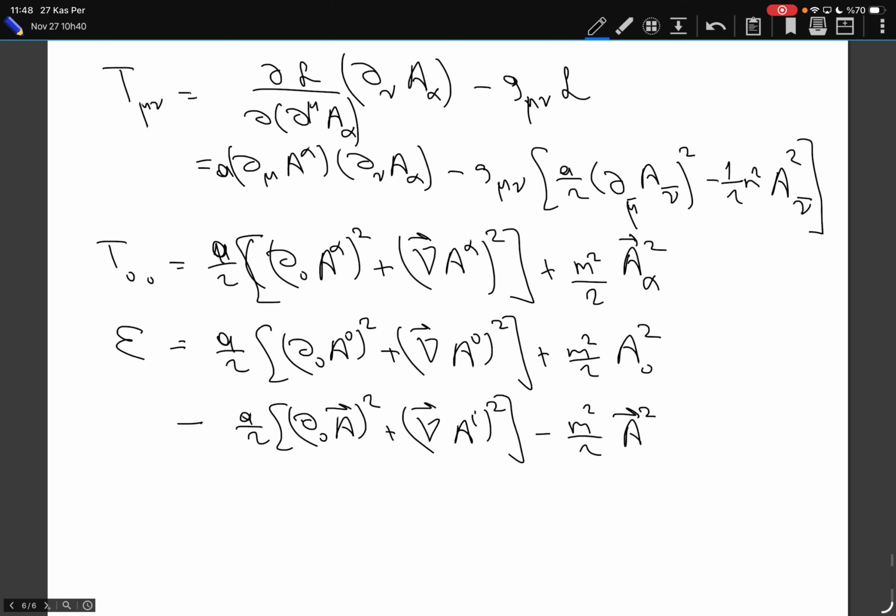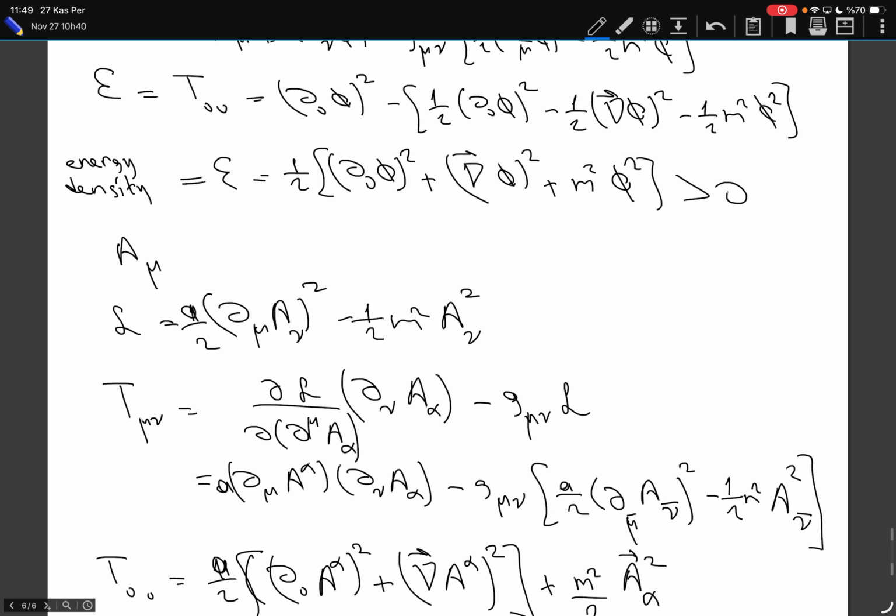Having an energy that is unbounded from below is problematic in classical physics. It will also be problematic in quantum physics. When you quantize them, the problem will be even worse. So our attempt to write such a Lagrangian, such a model, was too simple.